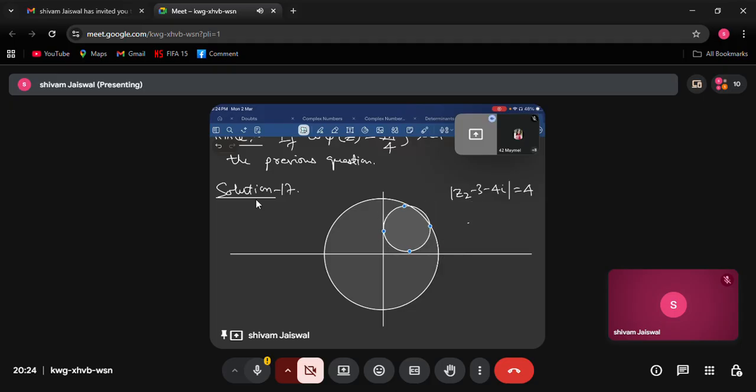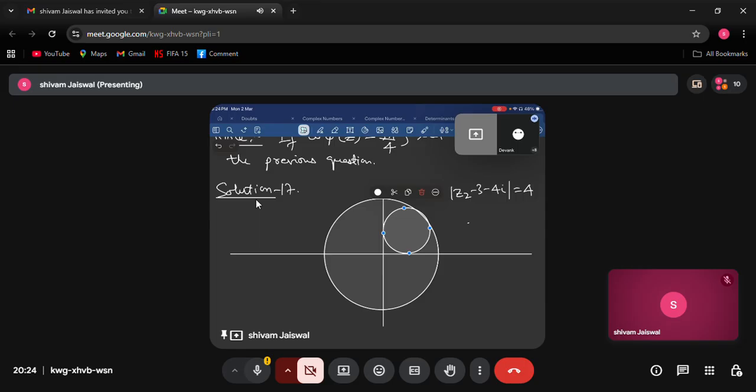Sir, I've sent you the answer. Please check it once. Yes, it is correct. But Devang, your diagram is wrong. Yes, sir, I took the center wrong.